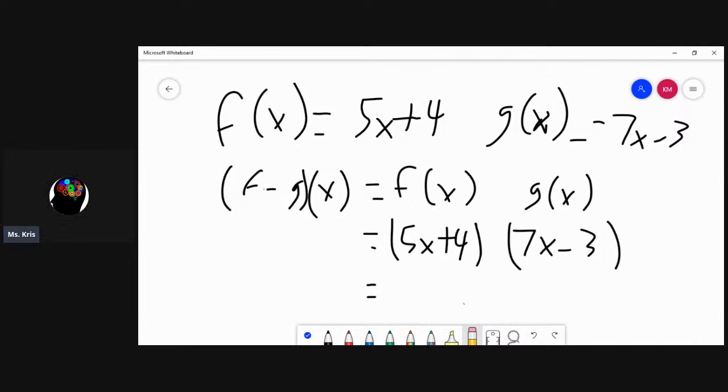All right. Next, we have f times g, which of course is the function f of x times the function g of x.